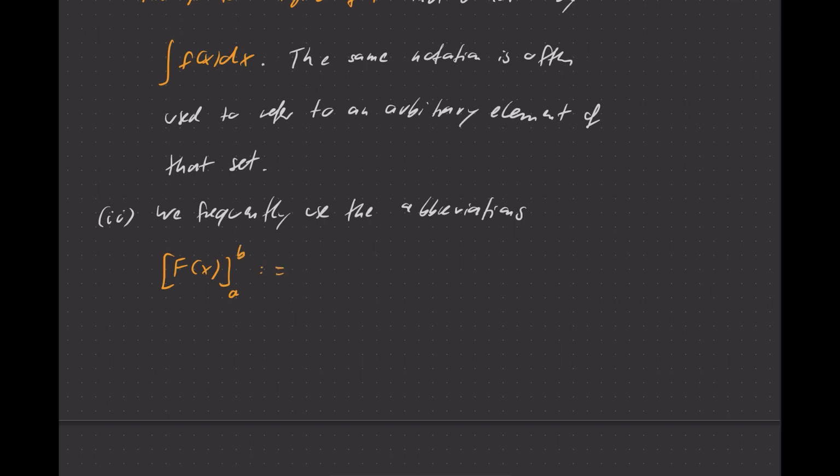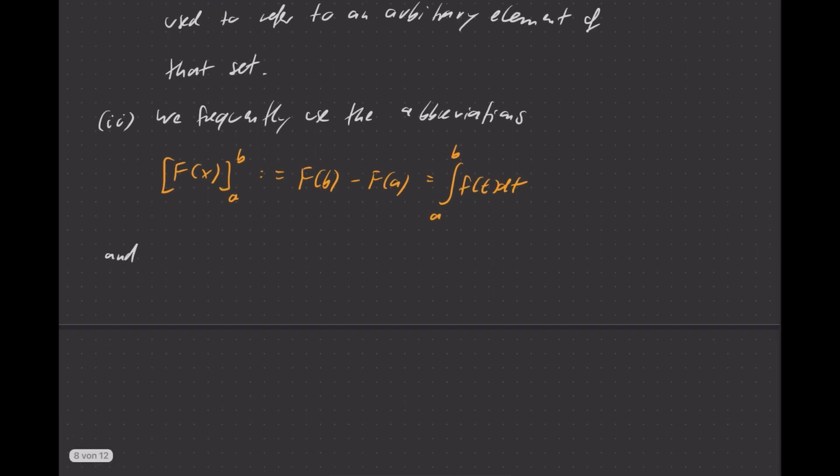That means that's an abbreviation for F of b minus F of a, and that of course is, by the fundamental theorem of calculus, second part, the integral of f of t dt from a to b. And a different abbreviation that you'll also encounter frequently is F of x, and then you just draw a long line, and again you write the boundaries a and b on that line. And that also means the same thing, F of b minus F of a, or the integral.